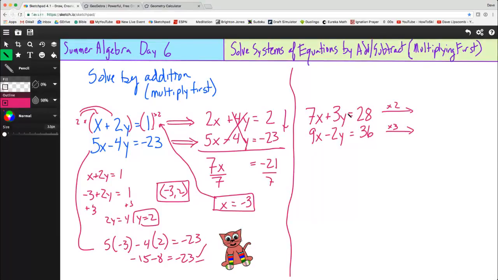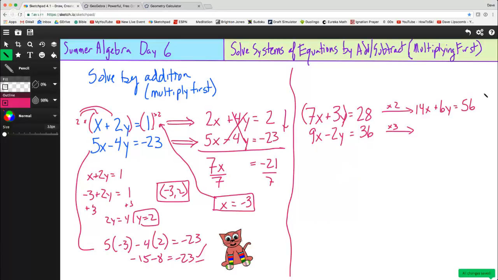And you'll see why that works. Because 3 times 2 is the same as 2 times 3. That's why we just cross those numbers, and that will always yield a situation where we can do elimination. So if I multiply the top by 2, we multiply everything by 2, 14x plus 6y equals 56.